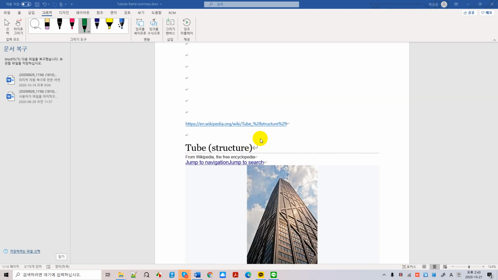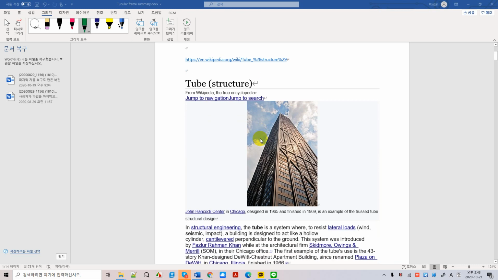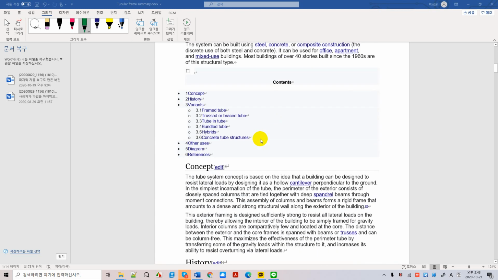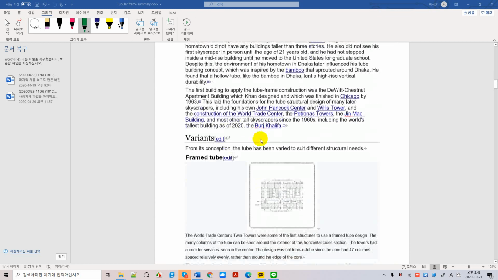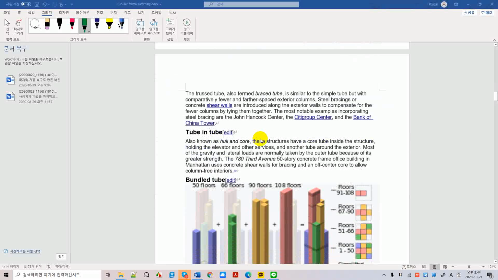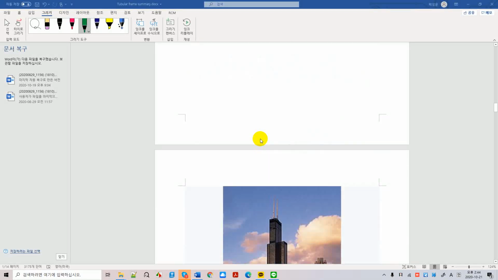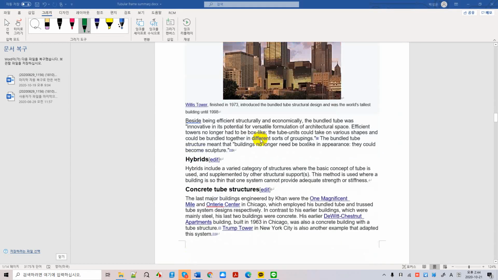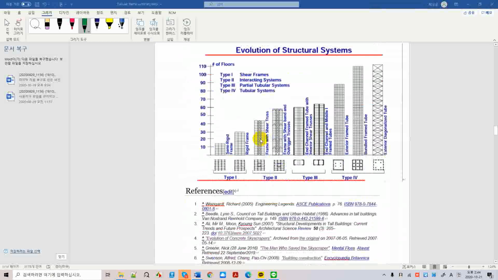The Wikipedia material will cover these contents. Material that I'll be using for this lecture.